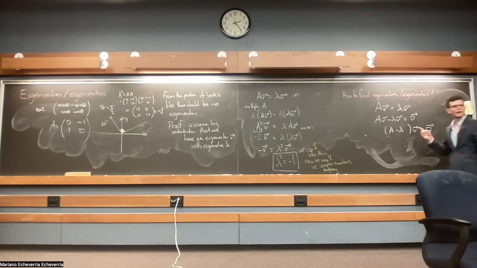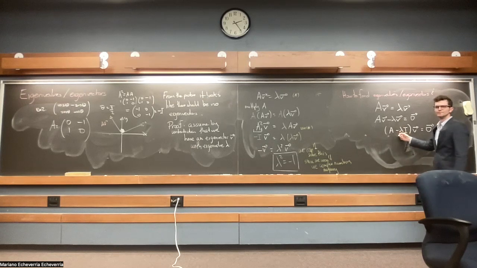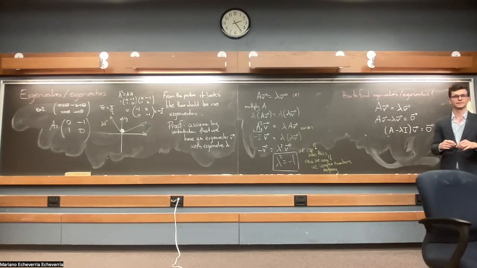What can you put there? Yeah, you can put the identity, because you should always think of the identity as being there if you need it. When you multiply the identity times v, it's just v, so it gives you back the previous equation. So now this is correct, and A minus lambda I, or A minus lambda identity, makes sense.